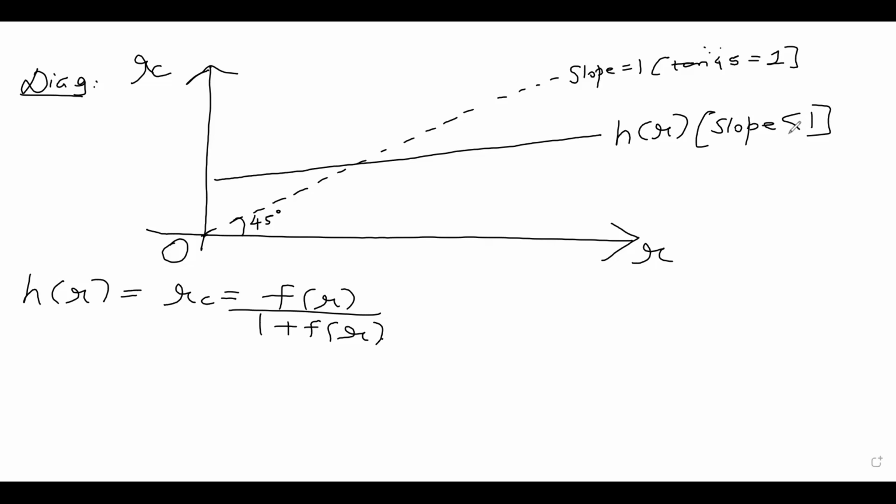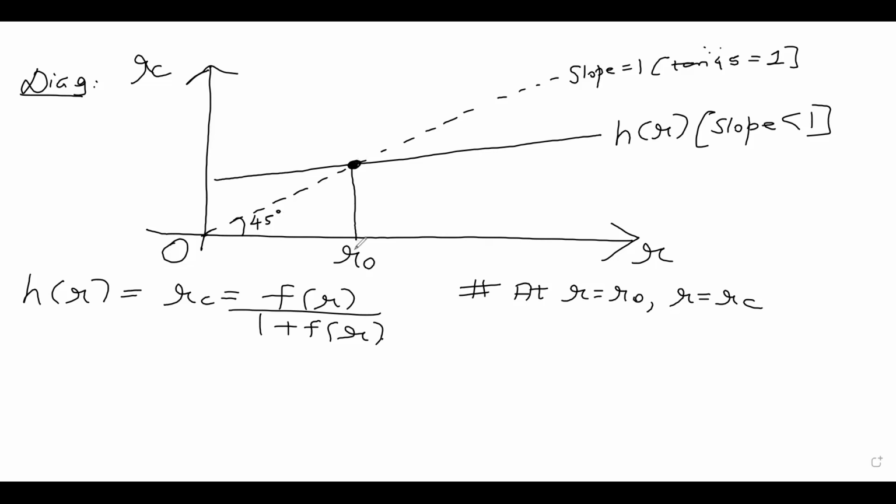Okay. So guys, look at this actual rate of interest R naught. You can clearly see that at R equal to R naught, actual R is exactly equal to the critical level, because this point also lies on the 45-degree line.